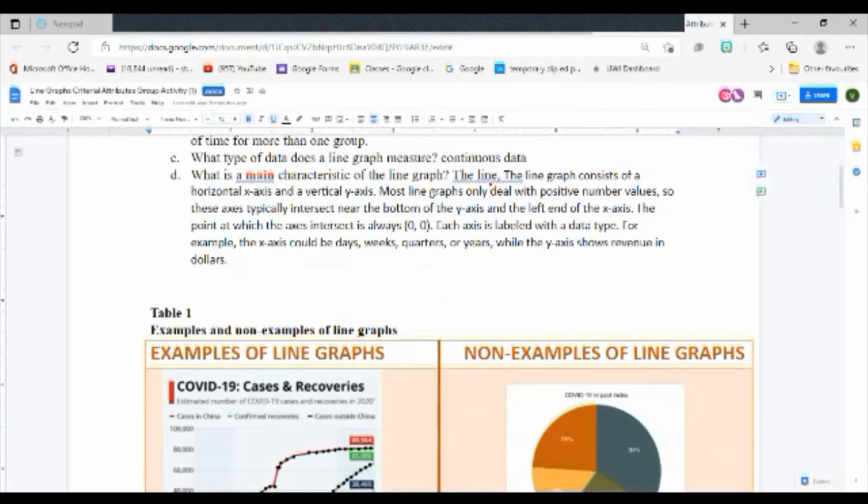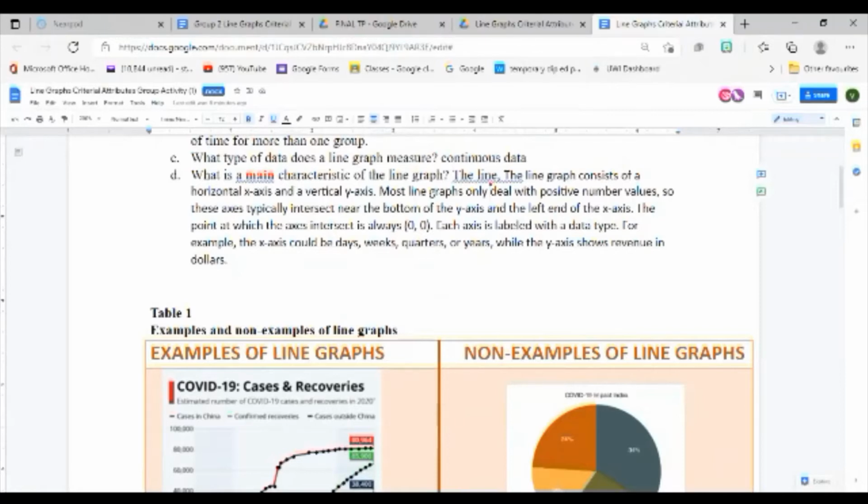The point at which the axes intersect is always 0 to 0. Each axis is labeled with a data type. For example, the x-axis could be days, weeks, quarters, or years, while the y-axis is shown in dollars. All right.